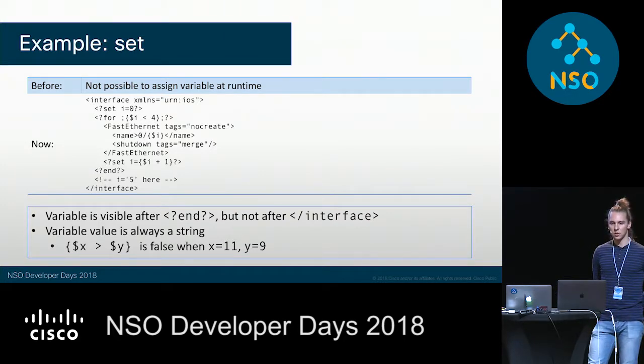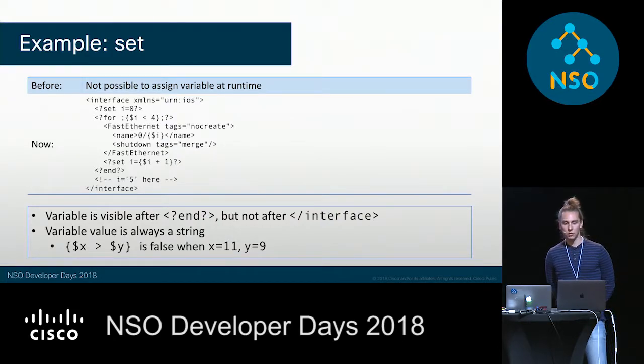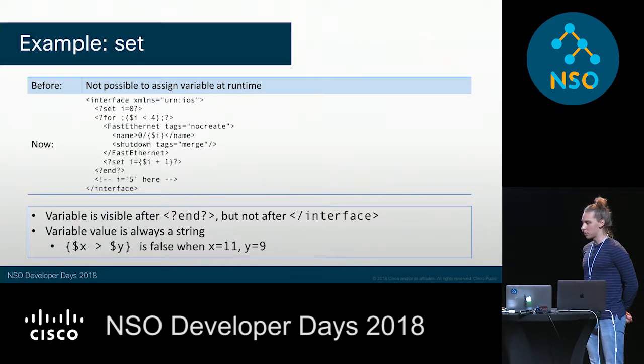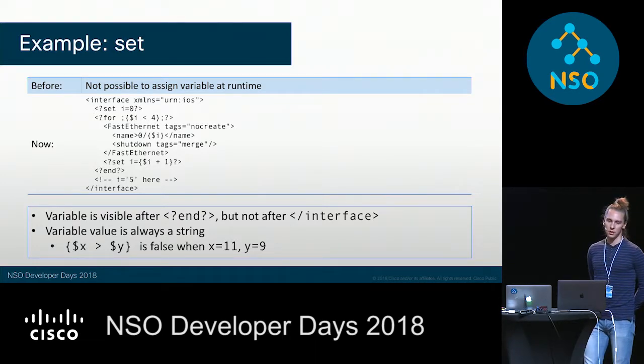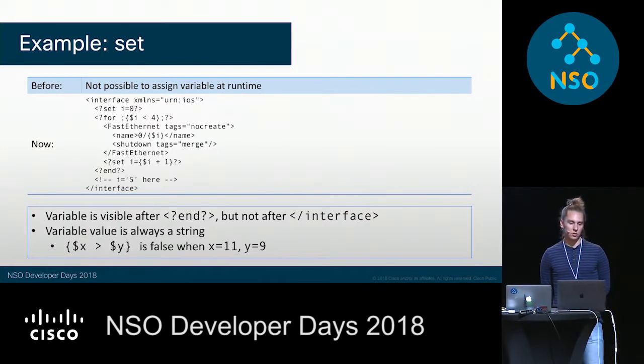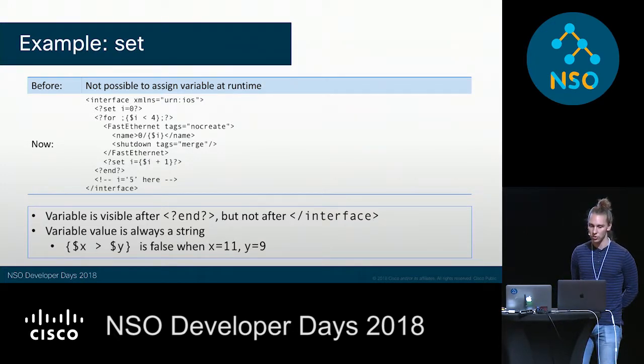The processing instruction called set allows you to declare new variables and change the value of the existing variables. And again, I should say that as with most processing instructions that I'm talking about here, the scope of visibility is inside the tag the function is used. So in this case, the instruction is used inside the interface tag, so it exists until the tag is closed.